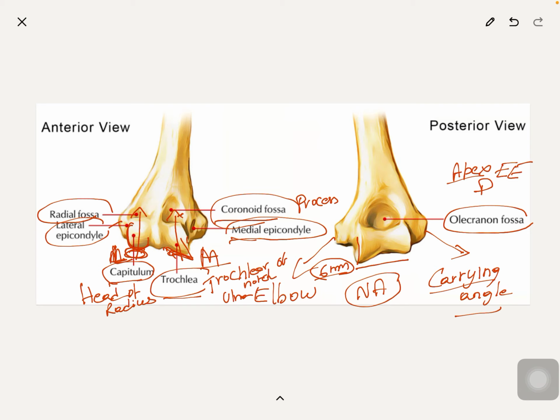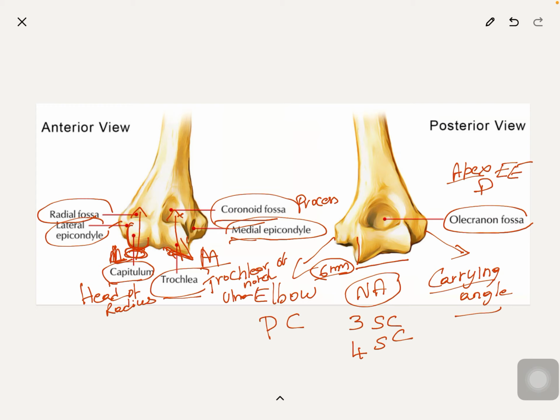Now we will see the ossification. Ossification of the humerus is from one primary center for the shaft, three secondary centers for the upper end, and four secondary centers for the lower end. Try to learn the ossification centers, which are given in all the textbooks.